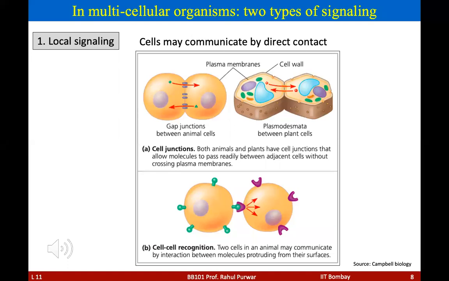That change is expressed in the form of proteins on the cell surface. And now other cells will recognize these cells by this particular protein expressed on the cell surface. And that's how other cells will know that this is a COVID-infected cell.